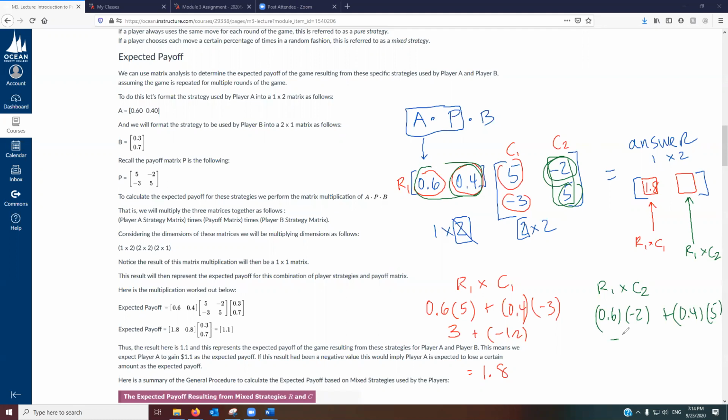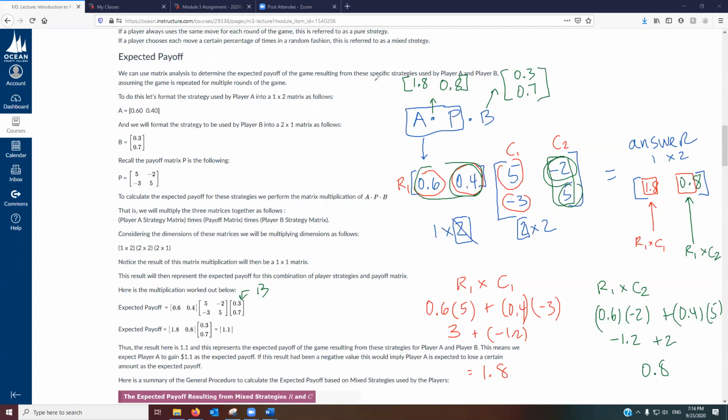This is -1.2 plus 2, so that looks like 0.8. I'm going to put a 0.8 here. That's the answer we came up with. So A times P, we just figured out, gets us the answer of 1.8, 0.8. Now I'm going to multiply that by B. Remember, matrix B was this 0.3, 0.7.